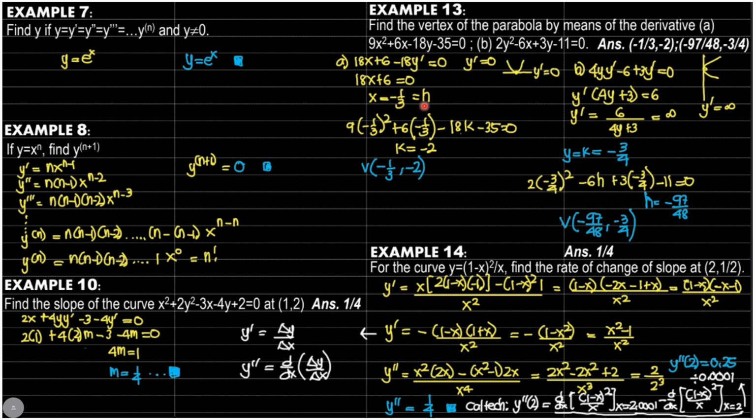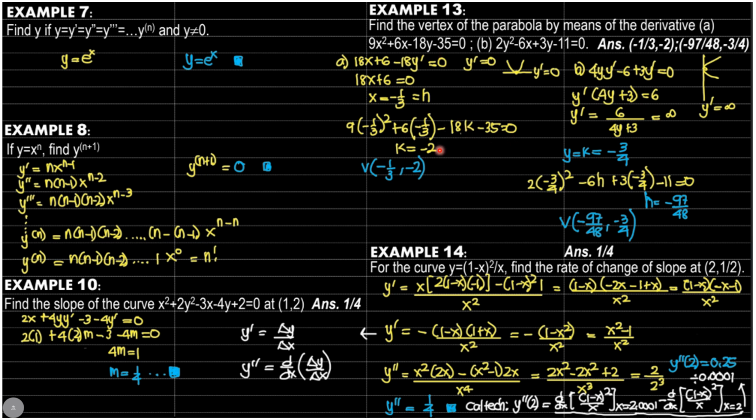We call that h, the coordinates of the vertex being h comma k. After we find h, or x, we substitute into the original equation to solve for y. So 9 times negative 1/3 squared plus 6 times negative 1/3 minus 18k minus 35 equals 0.